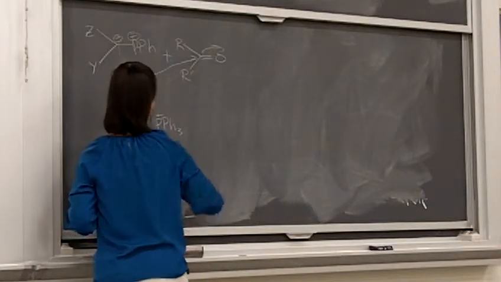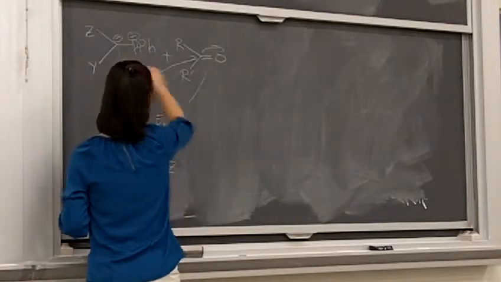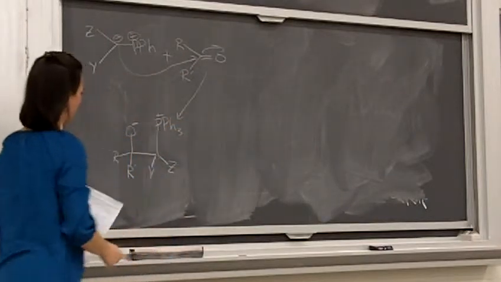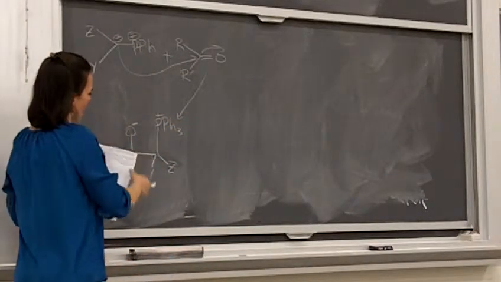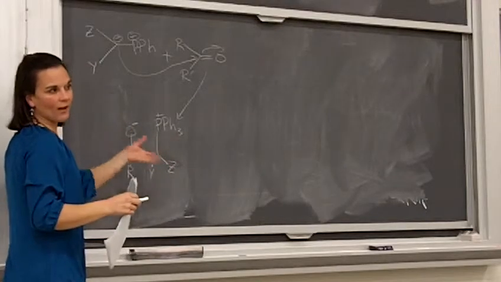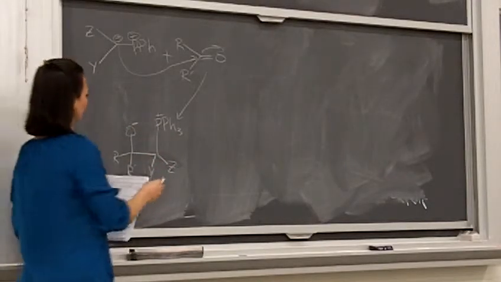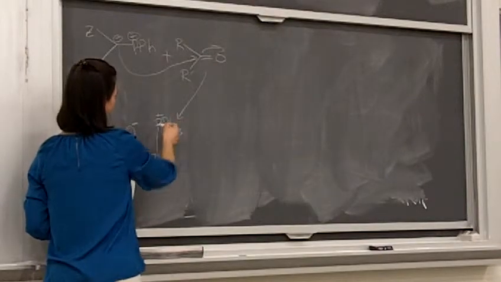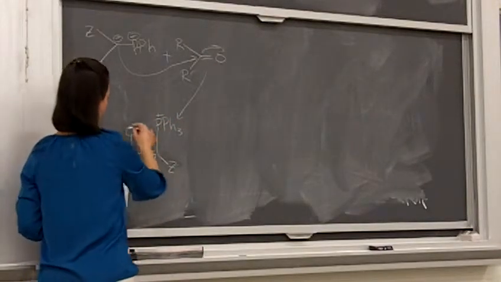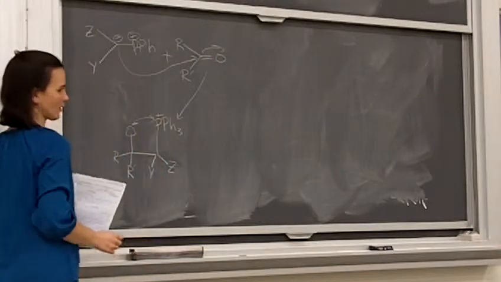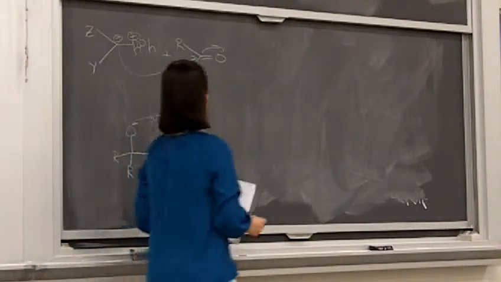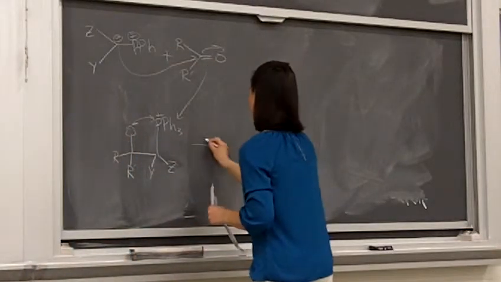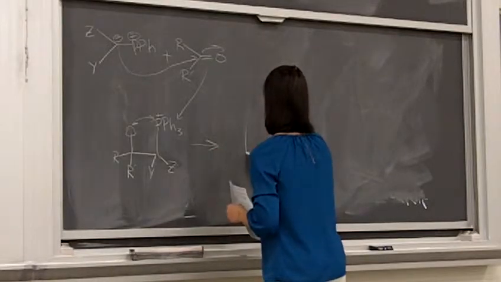I was going the wrong direction. So this is what you form. After these two attack, you form this guy. You're not ever really going to isolate your betaine. But what it does is we're going to form a four-membered ring from this. So we've got electron flow that way. And then our four-membered ring is then going to collapse, okay?